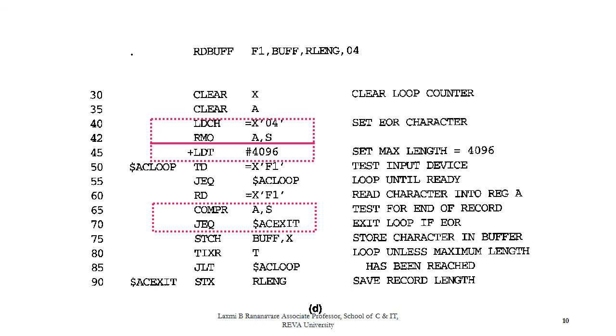So that record length we are going to store as the record length. Whatever is pointed to by the X register will be considered as the length of that record. So we are going to store that quantity in RLEN.